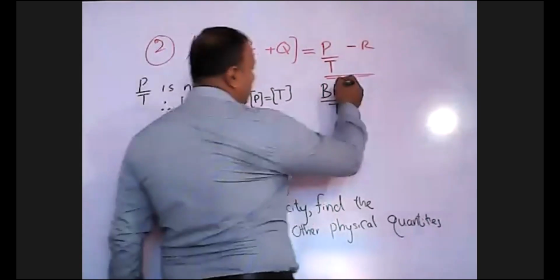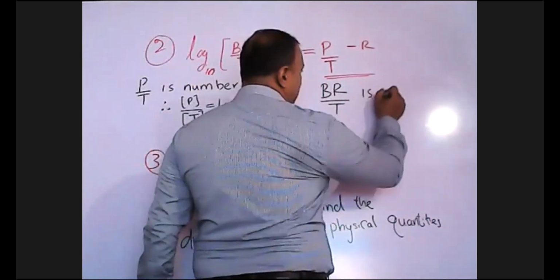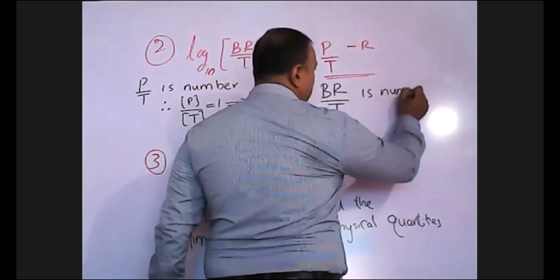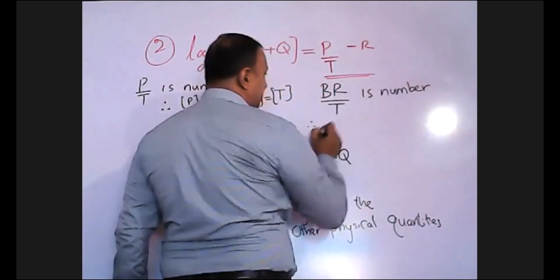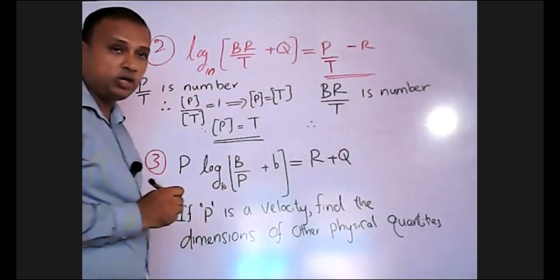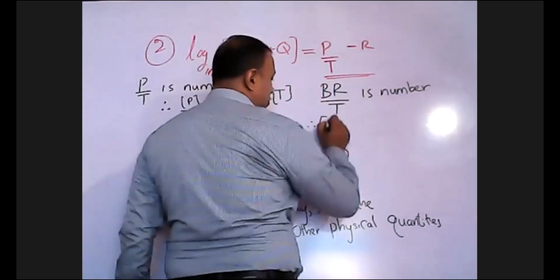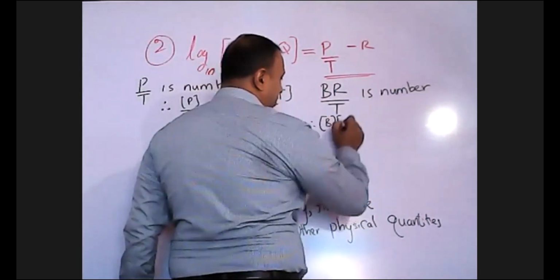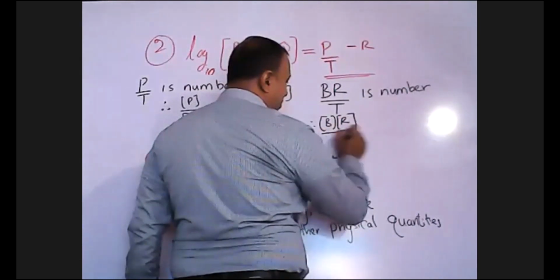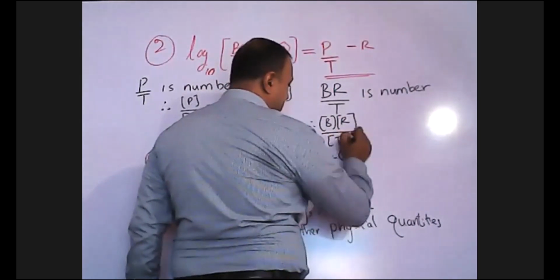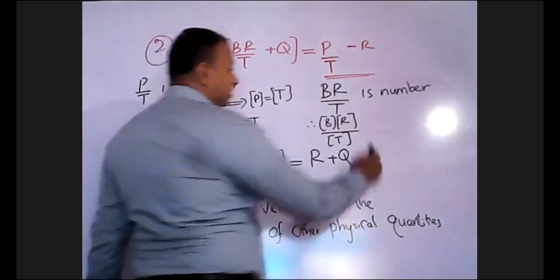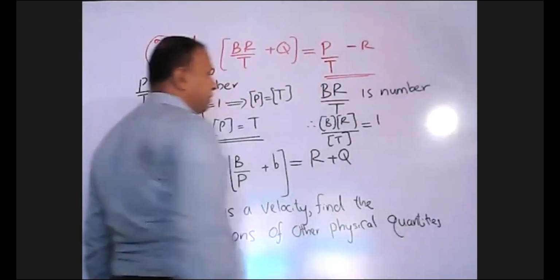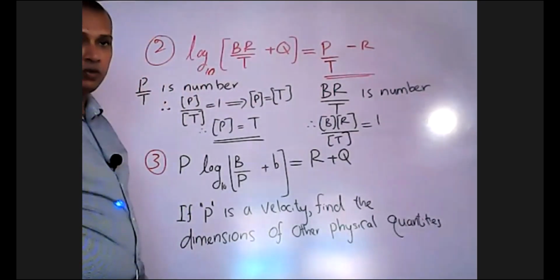So B R over T is a number. Therefore, it doesn't have a dimension. Dimension B into dimension R over dimension T should be equal to 1.